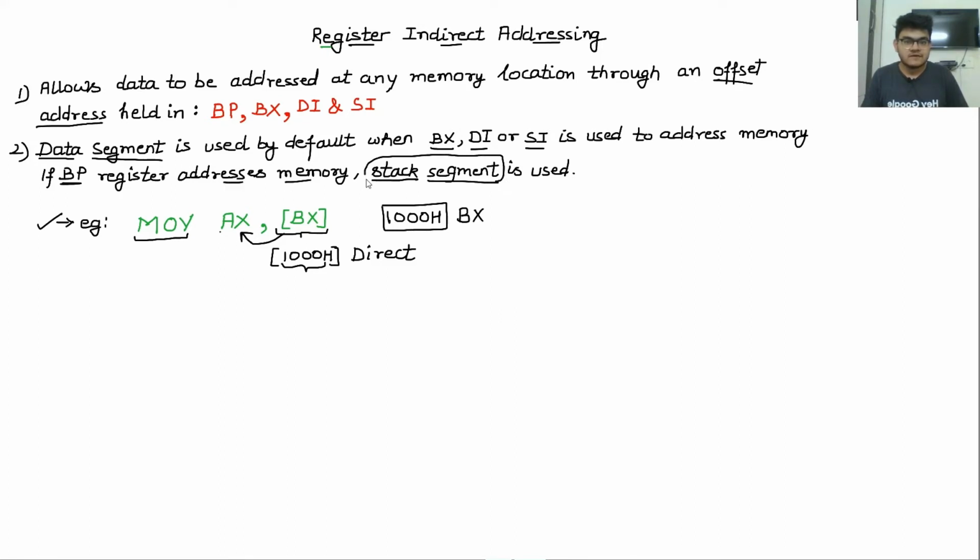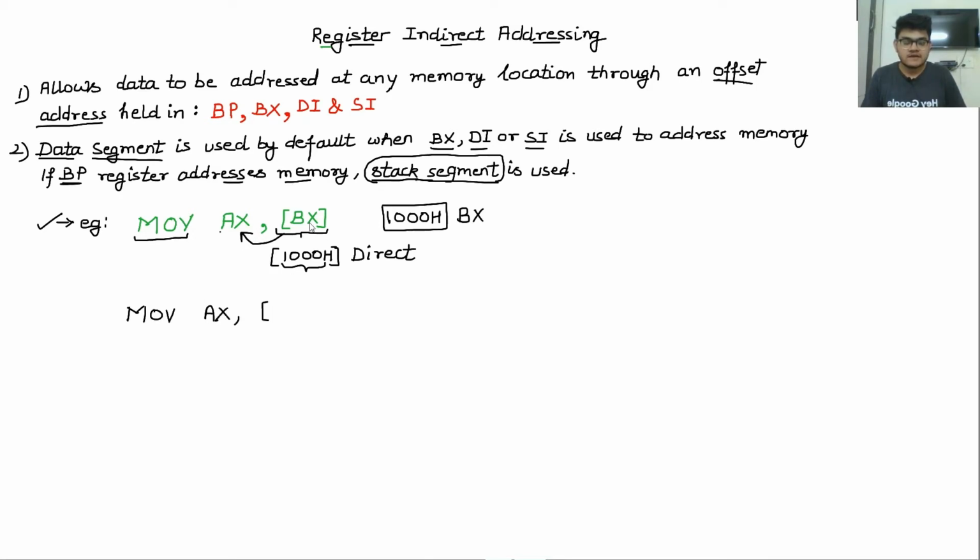Then the address 1000H is the offset address in the stack segment.